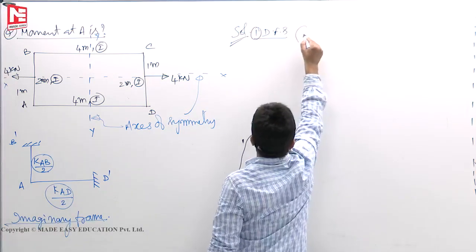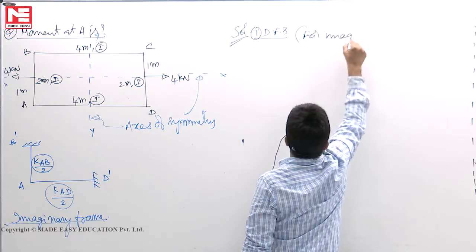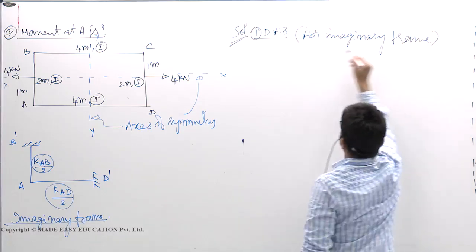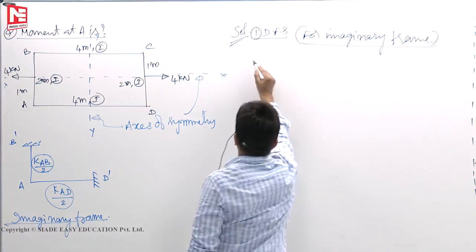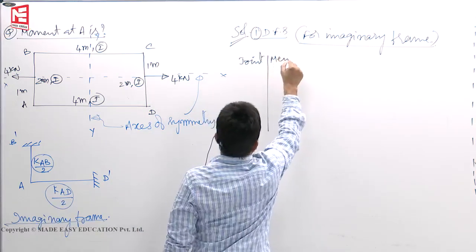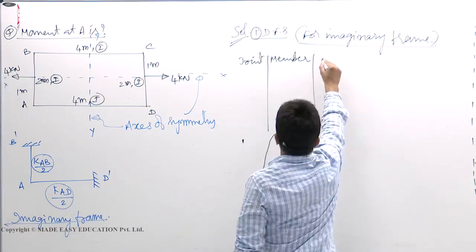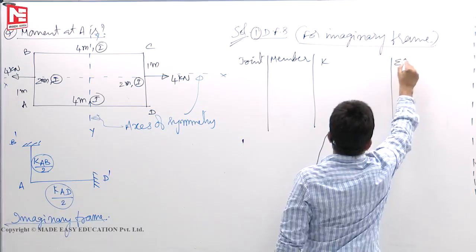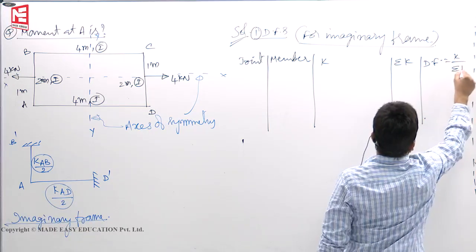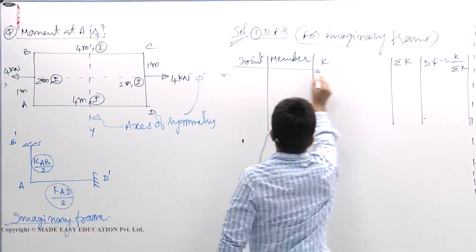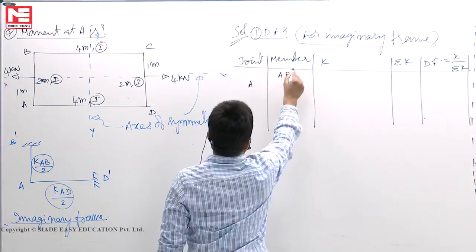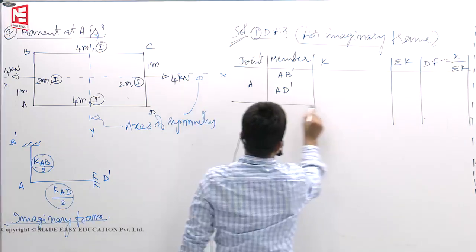This is distribution factors for the imaginary frame: joint, member, K, sigma K. Distribution factors are K by sigma K. Only one joint you have to take, A. This will be AB dash, AD dash.